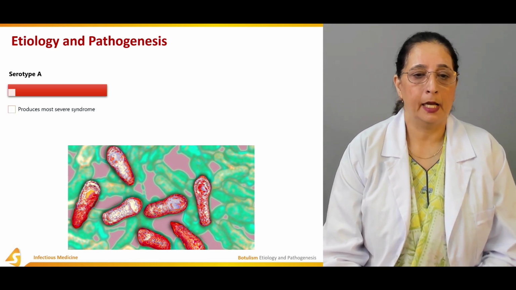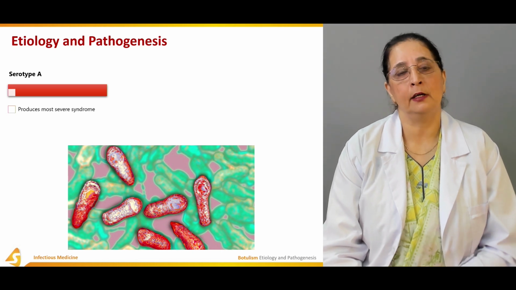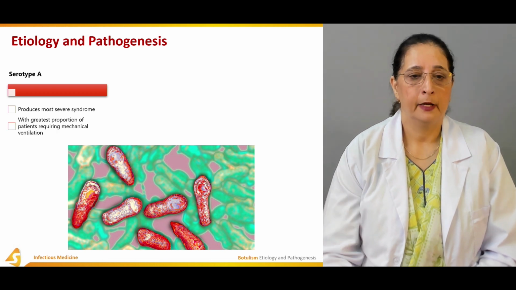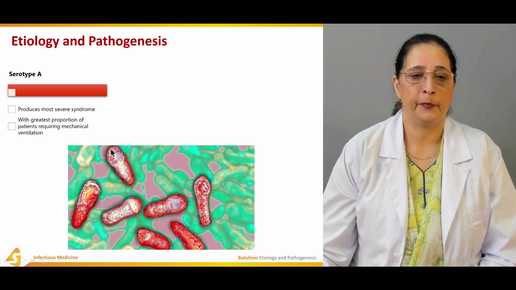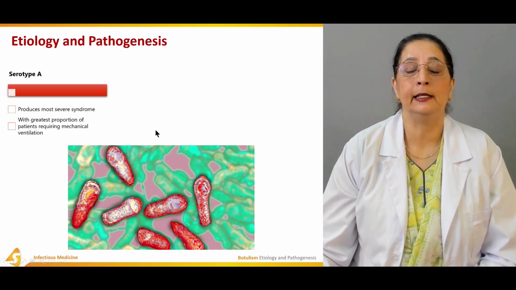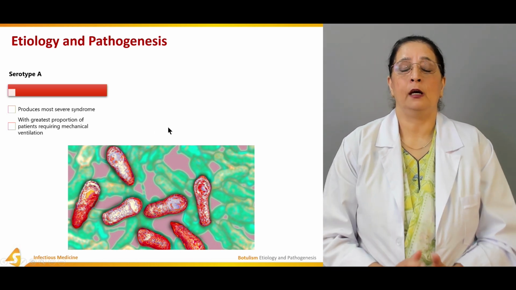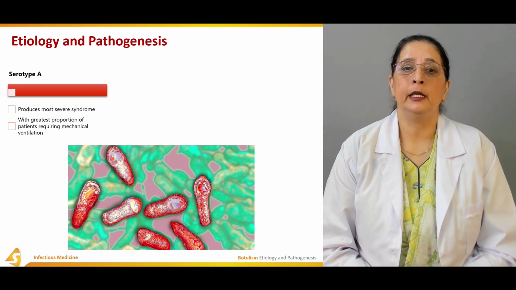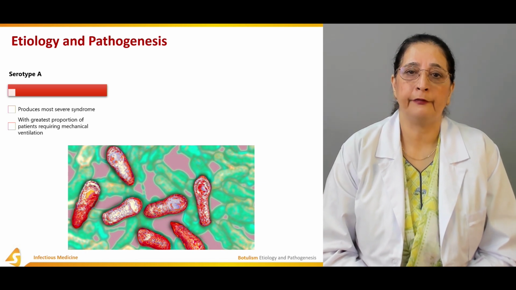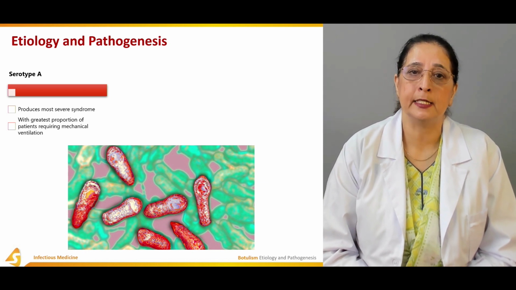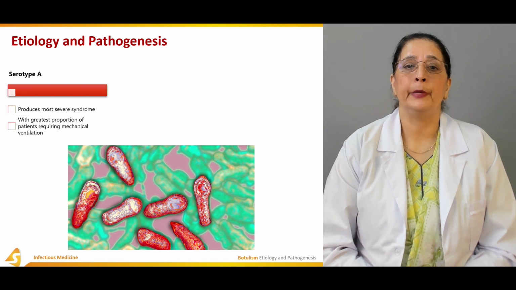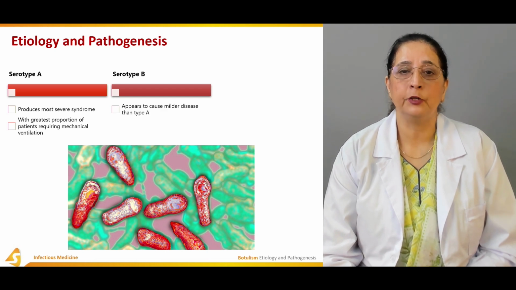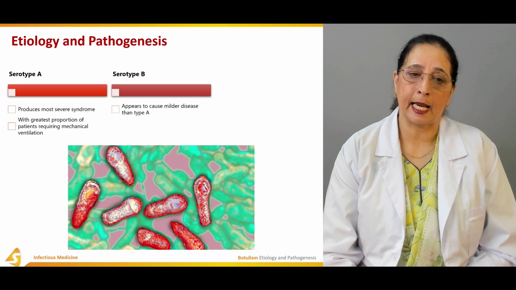Serotype A produces the most severe syndrome, with the greatest proportion of patients requiring mechanical ventilation. They have paralysis and inhibition, ventilation and respiration are affected, and these patients require mechanical ventilation. Type B appears to cause milder disease than type A.